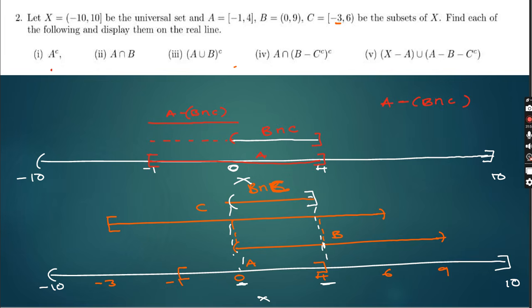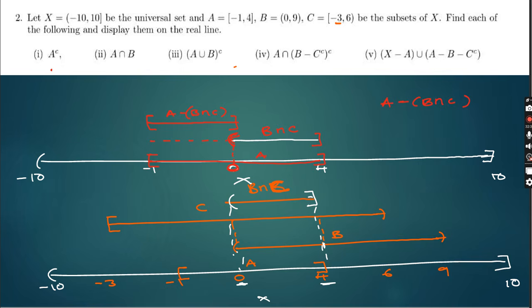At the end we have the square bracket here, but here where the two lines are meeting, we must understand something. 0 is part of A, as you can see here, but it is not part of B intersection C because of this bracket. So even if we remove B intersection C, since it is not part of B intersection C, it is still going to remain in set A. As simple as this.